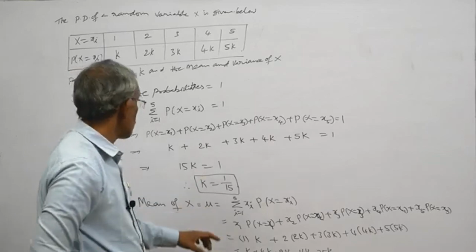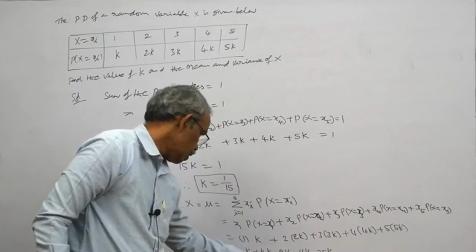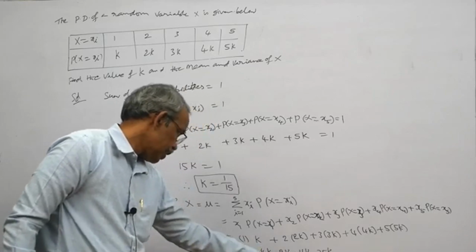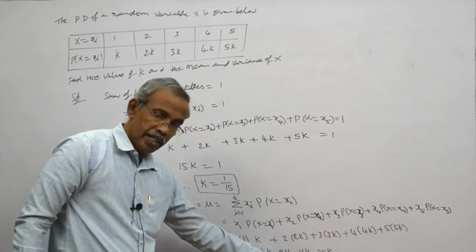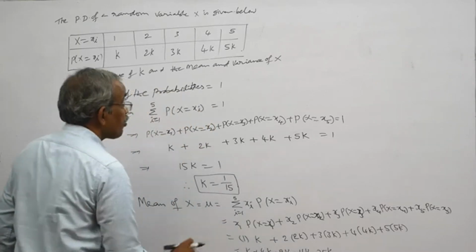Total 5 values, see here 1, 2, 3, 4, 5 values. Total 5k plus 9k is 14k, plus 16k is 30k, plus 25k, that is equal to 55k.